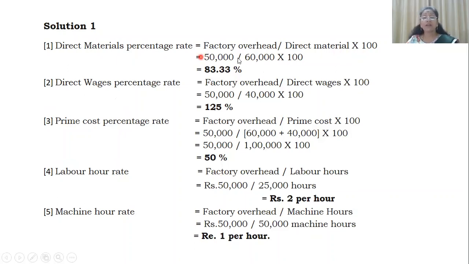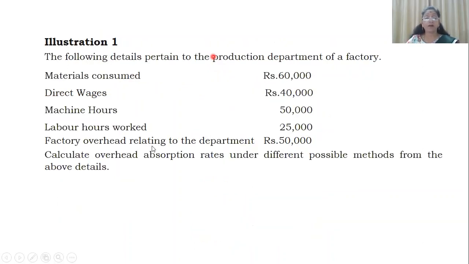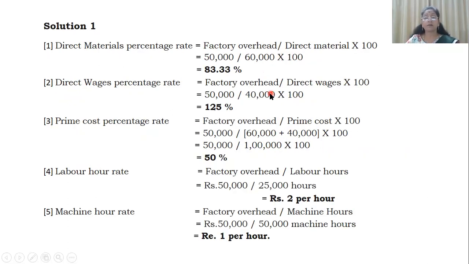Factory overhead given in the problem is 50,000, divided by material consumed 60,000, into 100. The direct material percentage rate is 83.33%.